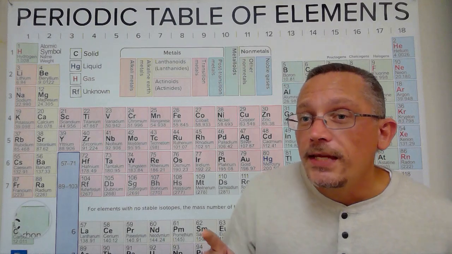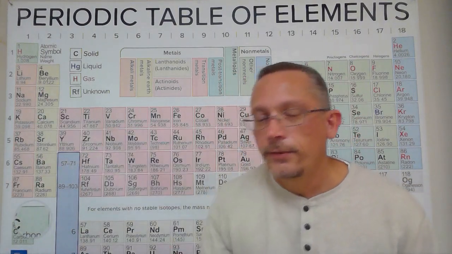And what's also very interesting, you saw in the activity at the end of Unit 2, is that when you organize them this way, they end up getting organized by their electron configurations as well. Hopefully you saw in that activity that the ones over here in these two columns all have an electron configuration that ends with an s orbital, right? We call these two columns the s block.